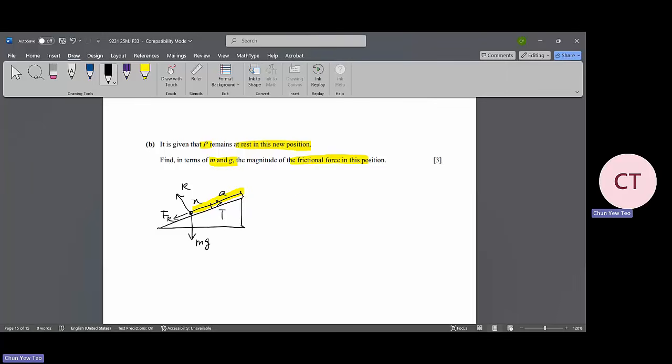Okay, so if you resolve the forces parallel to the plane, you will have T is equal to mg sine theta plus Fr. And then the T is actually lambda x over L. And theta is 30 degrees.